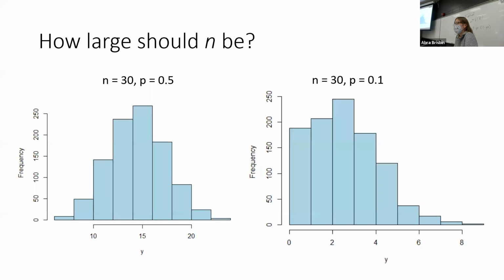So in the case of the normal approximation to the binomial, we don't just want to use our blanket n is greater than 30 guideline. We instead want to base our decision on both the value of n and the value of p.